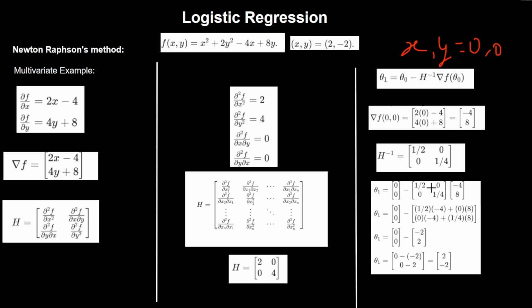If we calculate this, we'll get the new updated coefficient. It's just matrix and vector operations. If we do that, we'll get 2 and -2, which is what we want. So we just got everything in a single step.